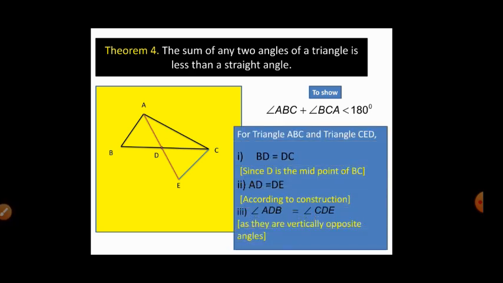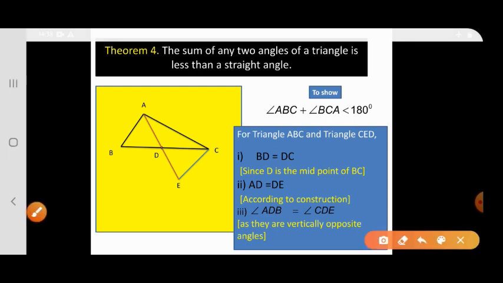For the triangles ABD and CED, firstly BD equal to DC, because D is the midpoint of BC. Secondly, AD equal to DE according to our construction.